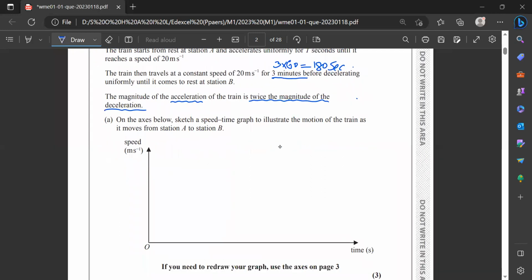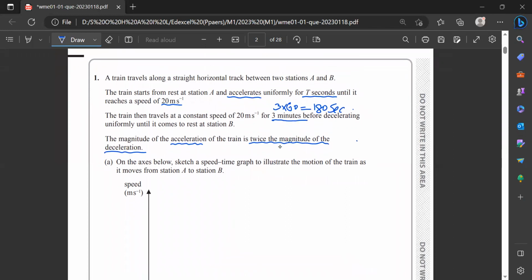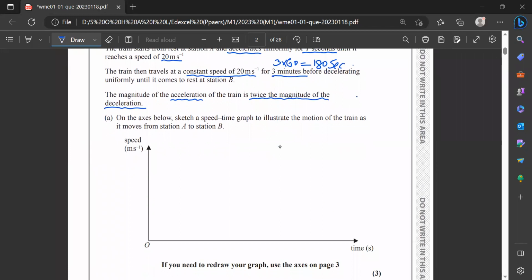For the speed time graph, first for t seconds, it is accelerating and reaches a speed of 20 meters per second. And then constant speed of 20 meters per second for 180 seconds. And then decelerating uniformly to rest. So first of all, I draw the line which is for the acceleration.